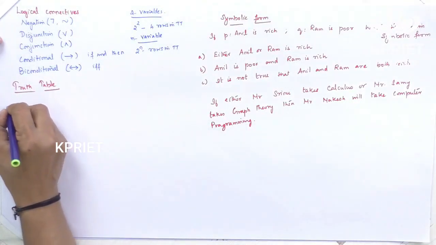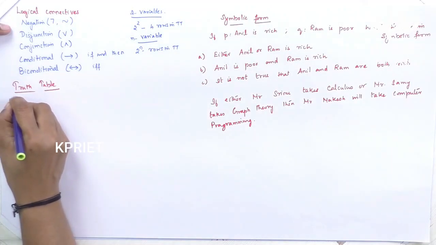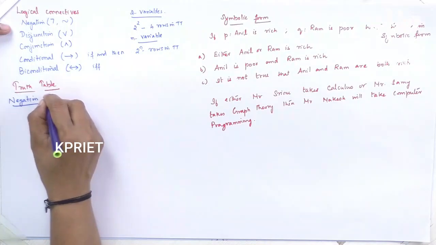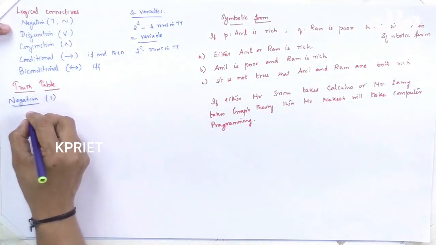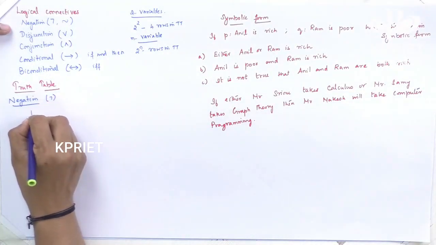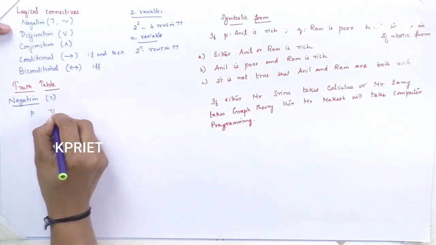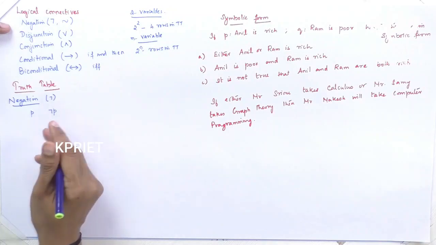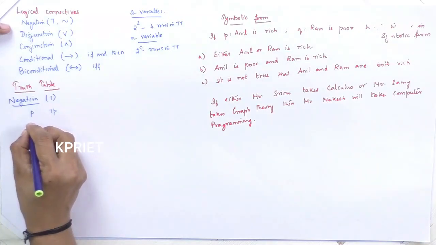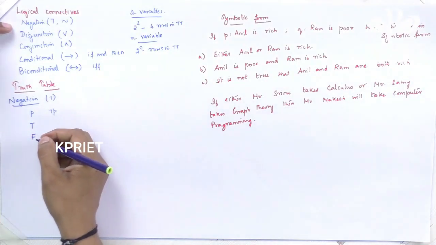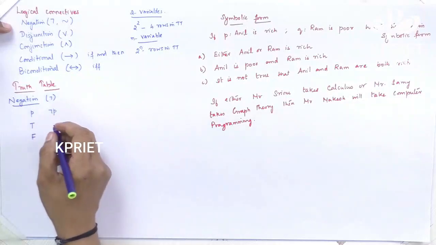Suppose, for example, first for negation, let us see what will be the truth table. Say, for example, if I have the variable p, then negation of p will be denoted as not p. Here I can have the truth value as T, or I can have the truth value as F. That is the only possibility for this variable.